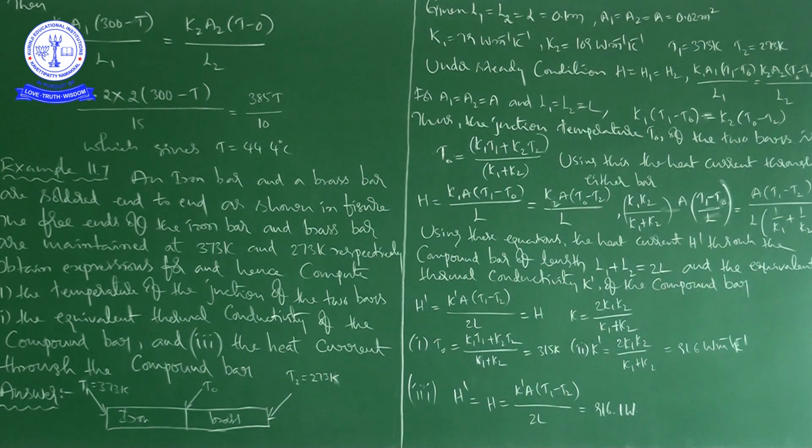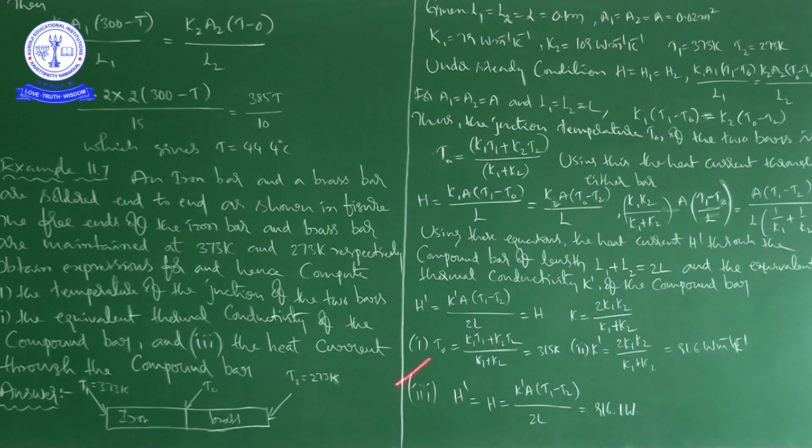See, we have to substitute. I already told you the thermal conductivity of iron and the thermal conductivity of brass. Here also you can see the values of K1 and K2. So the temperature of the junction of the two bars, which we assumed as T0, we are going to calculate.